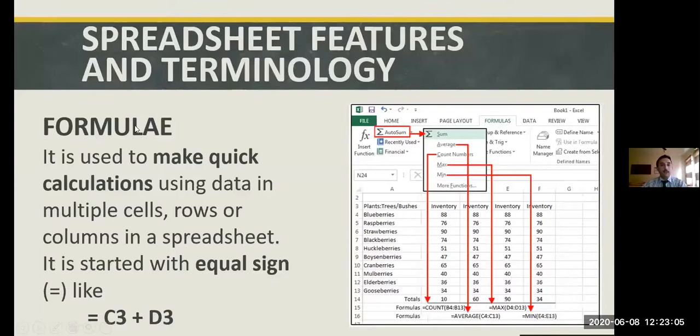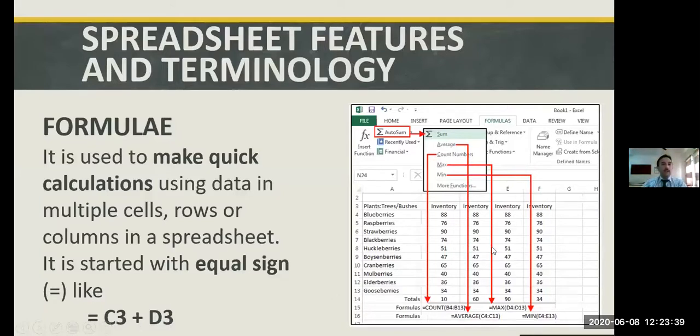I didn't mention here, functions are inside the formulas tab, and you should go to auto sum. When you click this drop down menu, you can find these simple functions. The first one is sum, the second one is average, and then count numbers, max and min. These calculate automatically the cells you selected, okay? No need to write cell by cell.